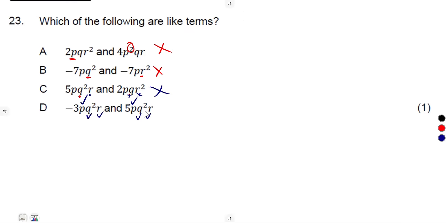That's exactly the same variables raised to the same exponent. It will make the two to be like terms. So the best answer on number 23 was going to be D.